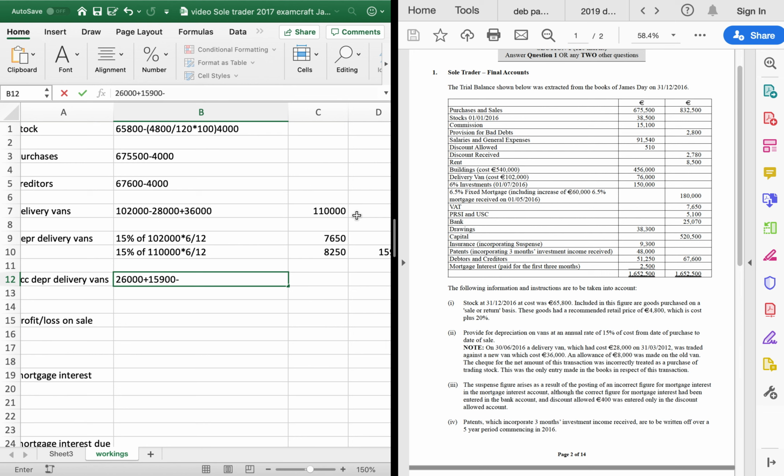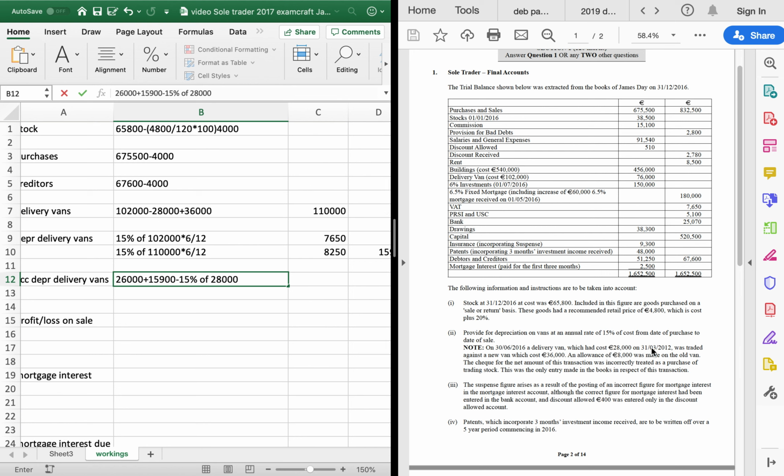And then we have to take away the depreciation on the delivery van we sold. If we sold the van costing 28,000, we also disposed of its depreciation. So we have 15% of 28,000, and we got it on the 30th of the 3rd, 2012.